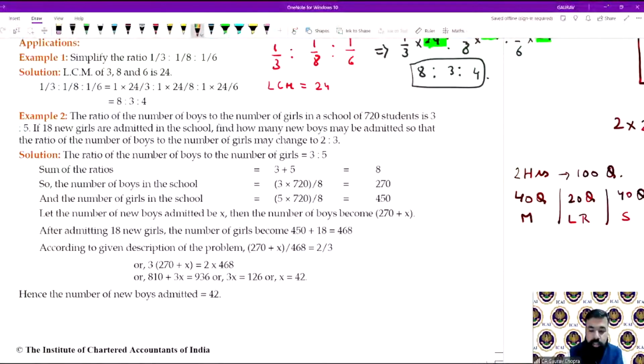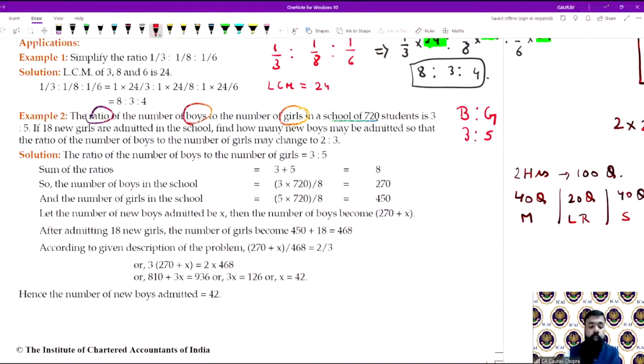So what is given here? In total, there are 720 students in a school. Now the ratio is given, ratio of boys to number of girls. So this given ratio is 3:5.